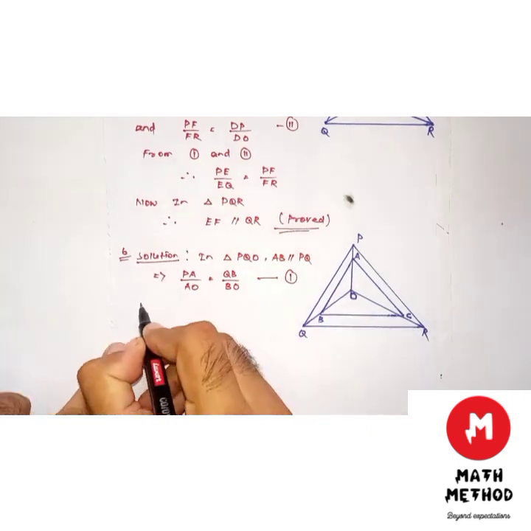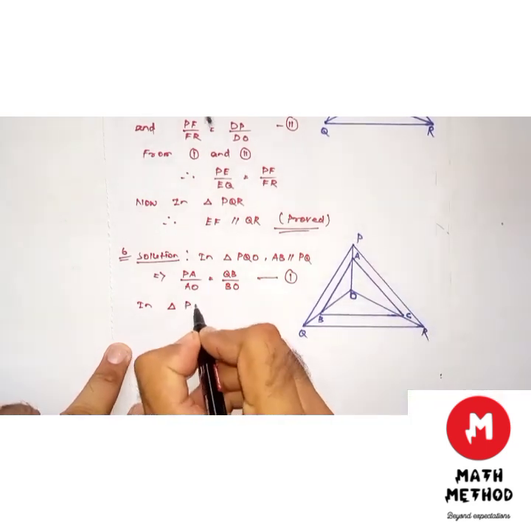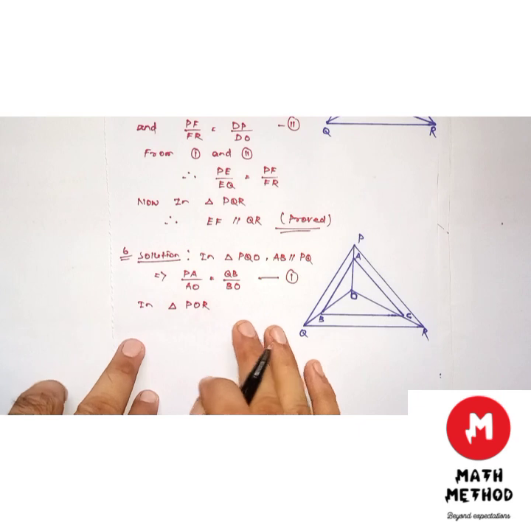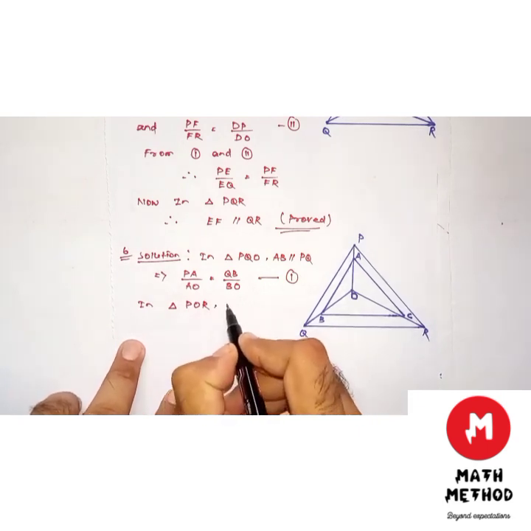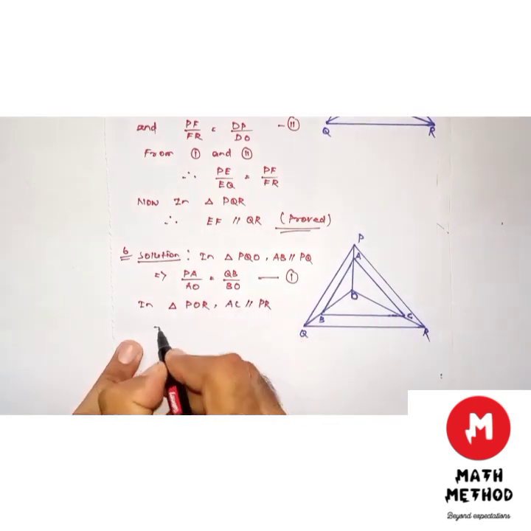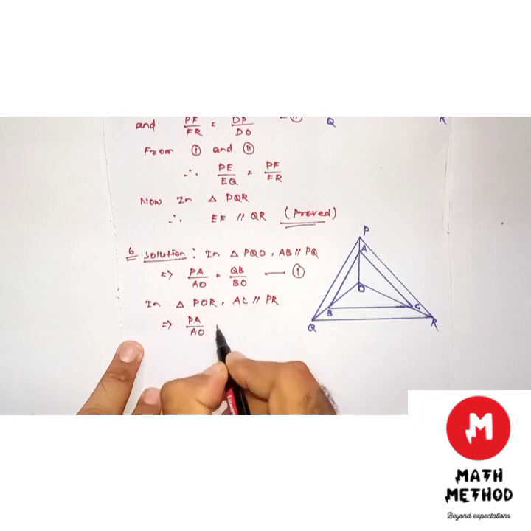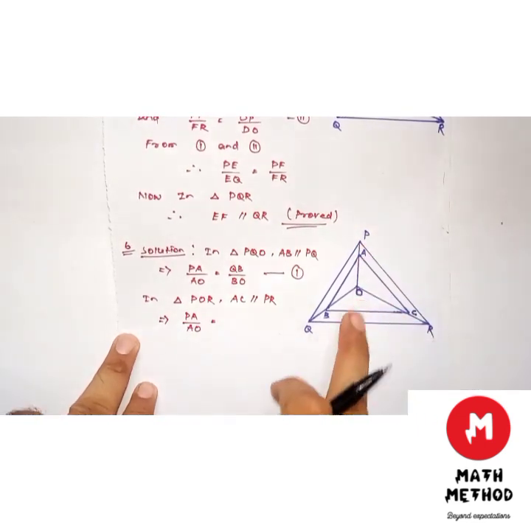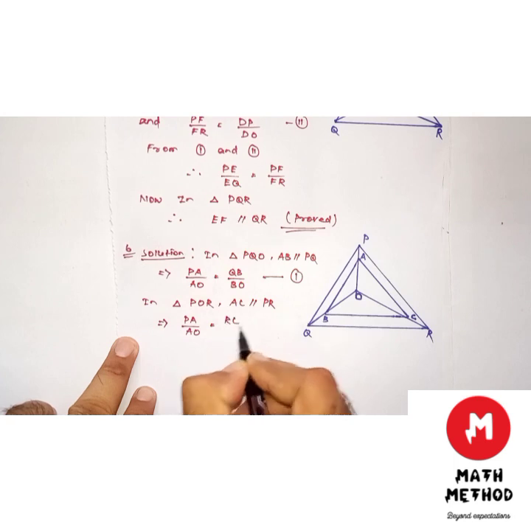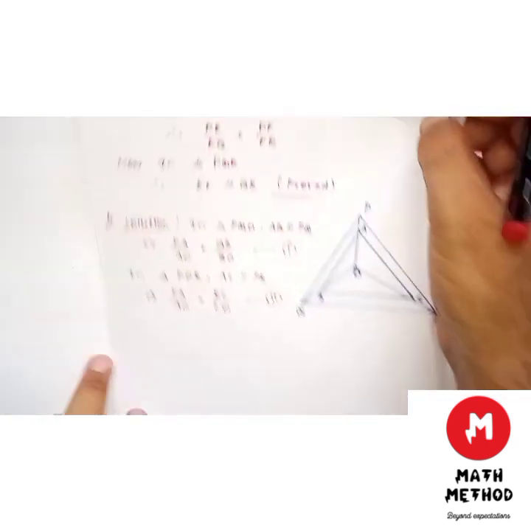Now in triangle POR, again according to basic proportionality theorem or Thales' theorem, it is given that AC is parallel with PR, implies PA upon AO is equal to RC upon CO. This is our 2. 2 is obtained from again Thales' theorem.